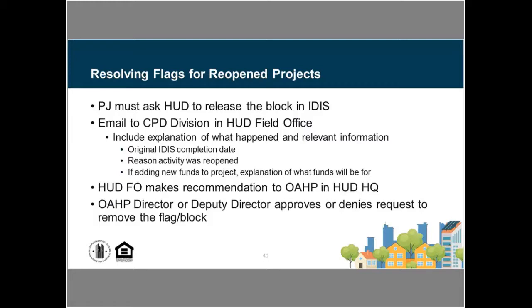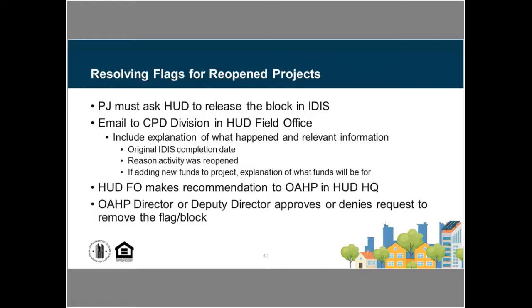So in those cases, to resolve those projects that were reopened, the PJ would have to ask HUD to release the block on that project in IDIS, that activity. And so you could email your CPD division, document the original completion date, provide information about how it was that that activity was reopened.